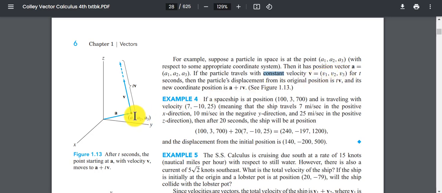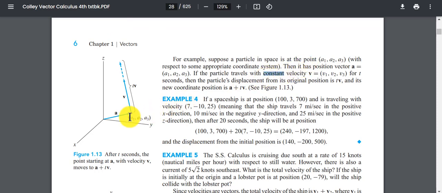So where is it? Well, when t equals 0, it's right here. And when t equals 1, if this represents the velocity, it's moved to here. At t equals 2, it's moved twice as far, and when t equals 3, it's moved farther still.